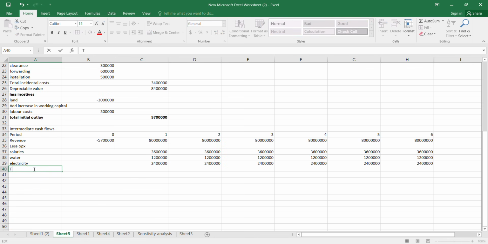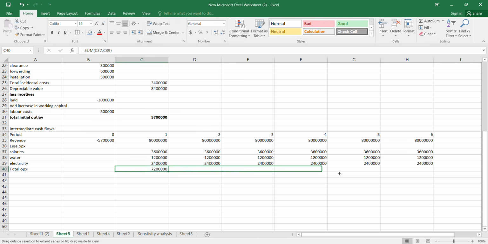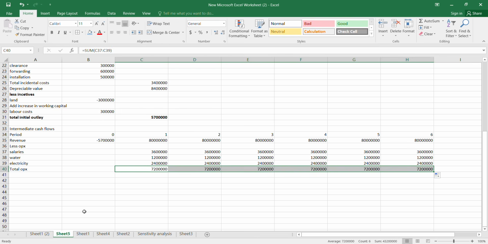Then we shall get the total operating expenses. They will equal the sum of salaries, water, and electricity. Shall drag and drop. Okay.